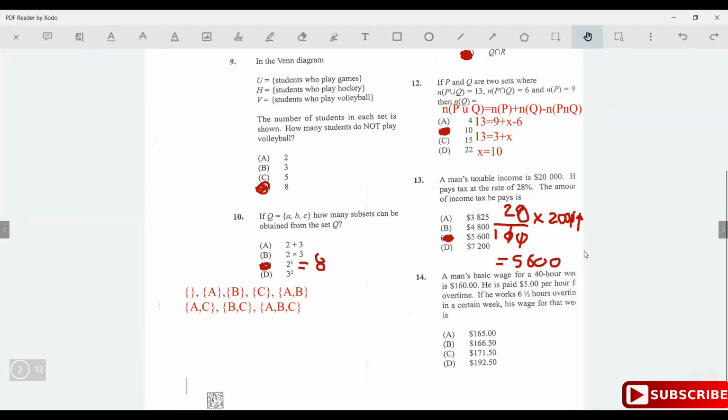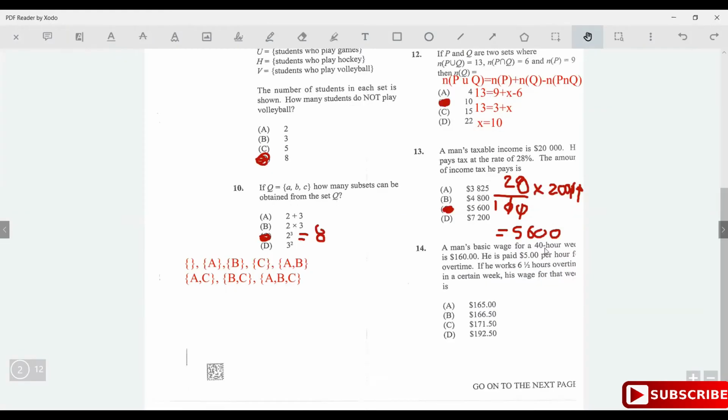A man's basic wage for a 40-hour week is $160. He's paid $5 per overtime hour. If he works 6.5 hours overtime, what's his wage in the next week? Well, his new pay is his 40-hour pay plus his overtime pay.